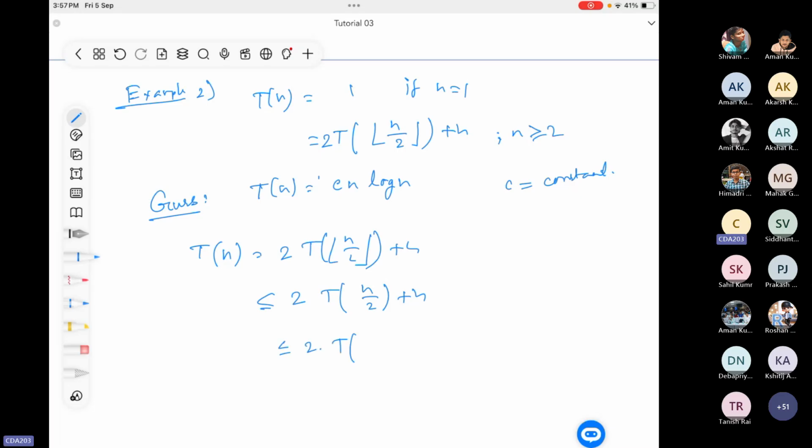Let's say for n by 2 it holds, then it's 2 times C n by 2 log n by 2. Let me write it properly, otherwise we get confused.